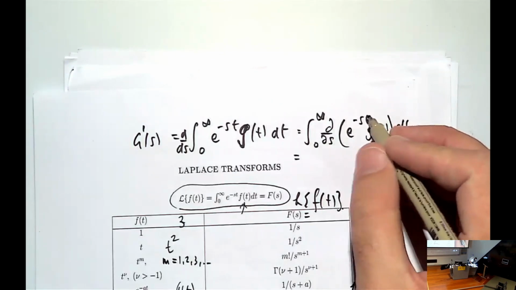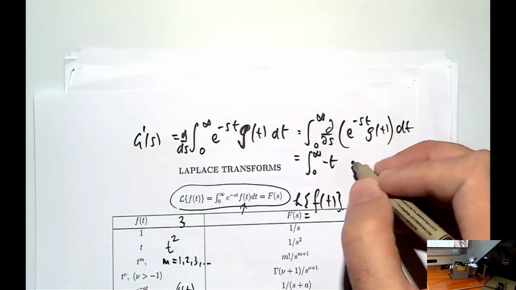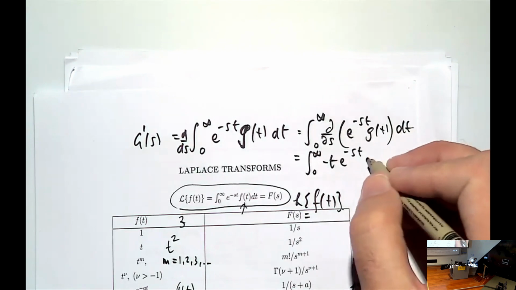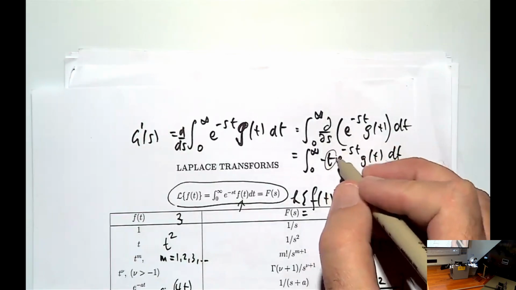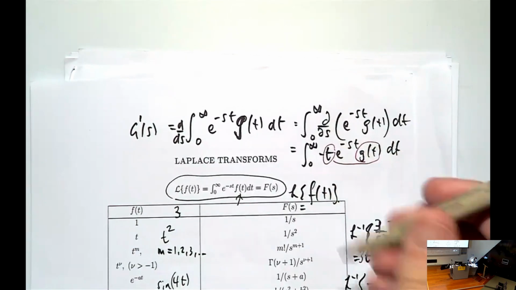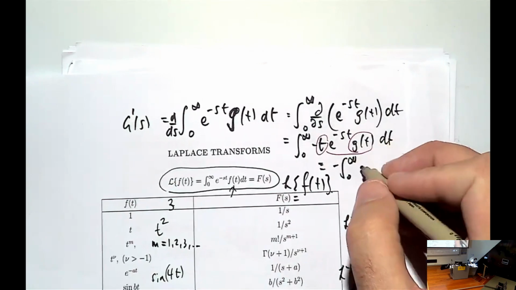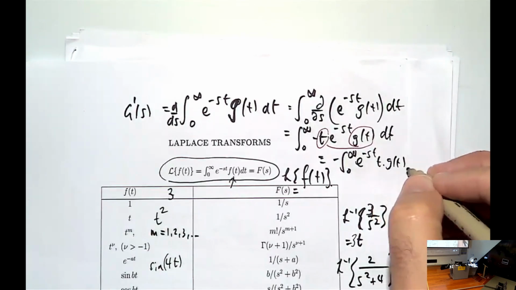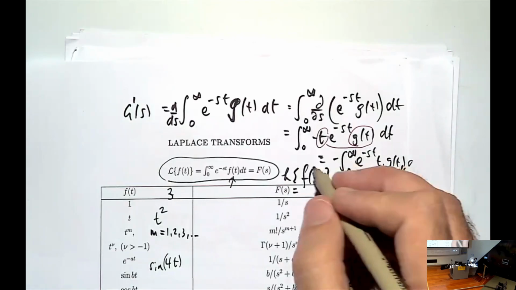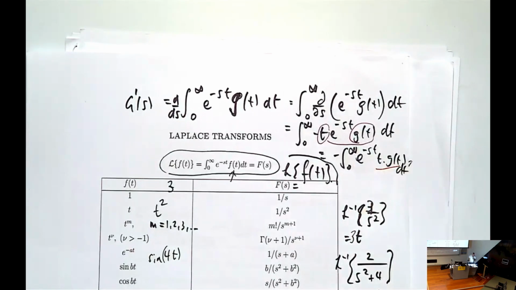And I'm left with this. Okay, so I can pair this guy up with this guy, and I can bring the negative sign out the front. Okay, what is that? That is the negative of the Laplace transform of t times little g.